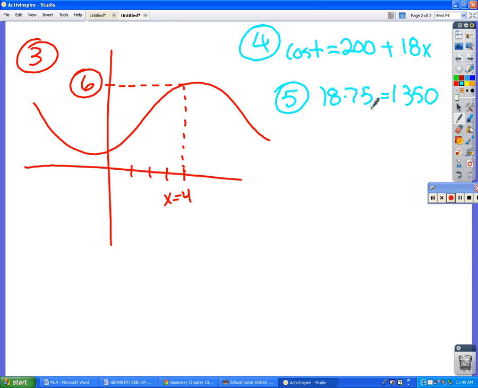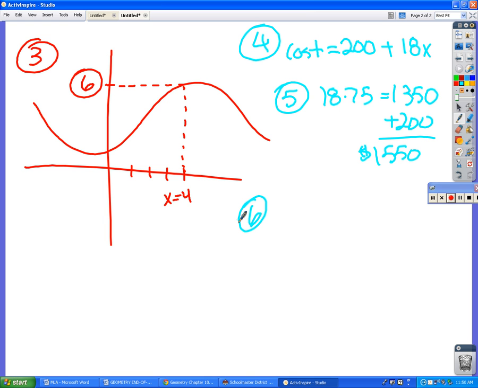And then you have to add on to that the $200 that they charge just for showing up, I guess. And so the answer is C, because you have to remember to add on that 200. Okay?